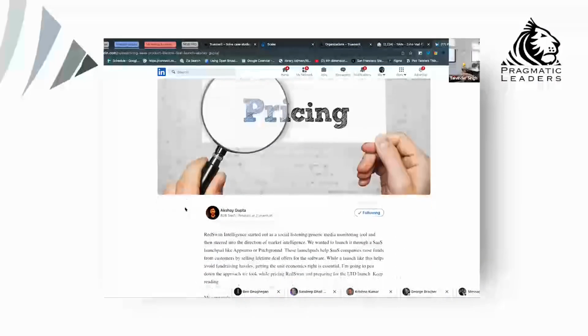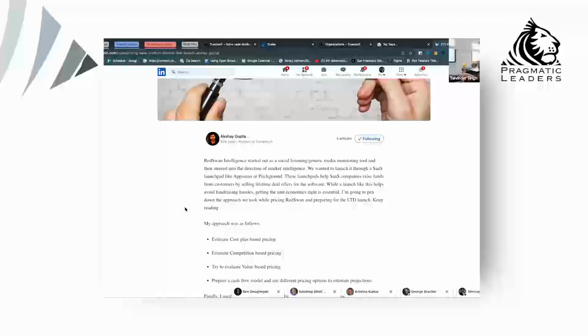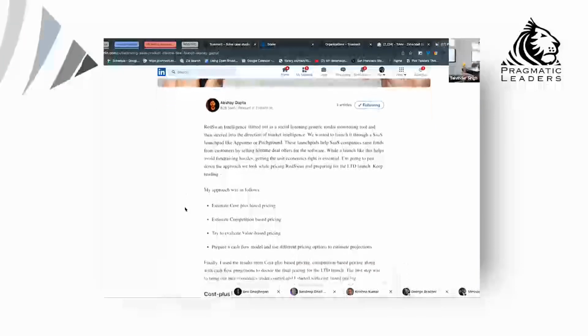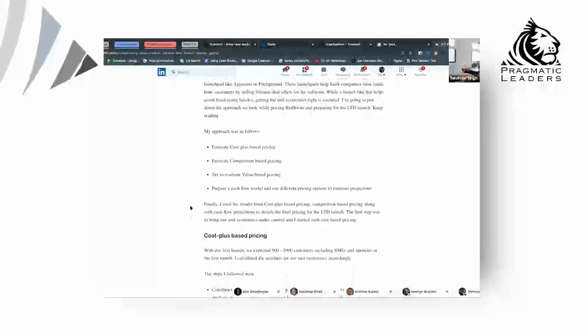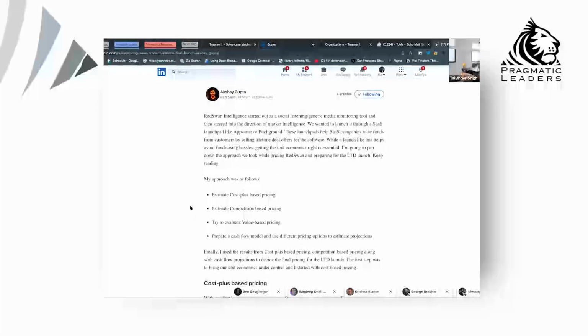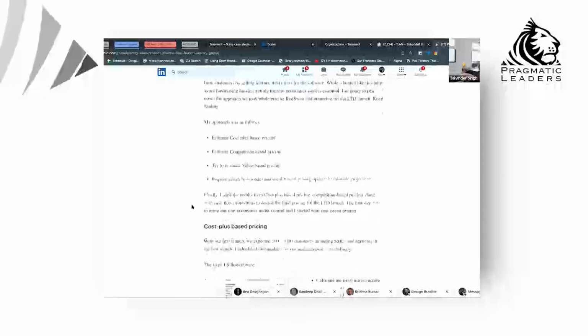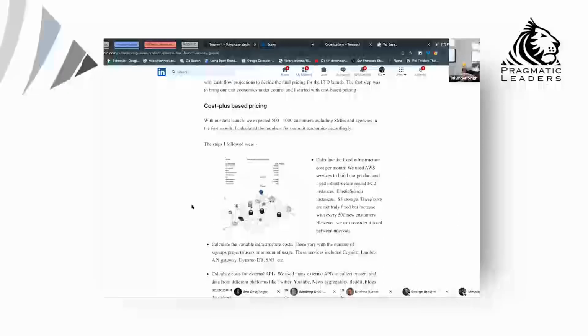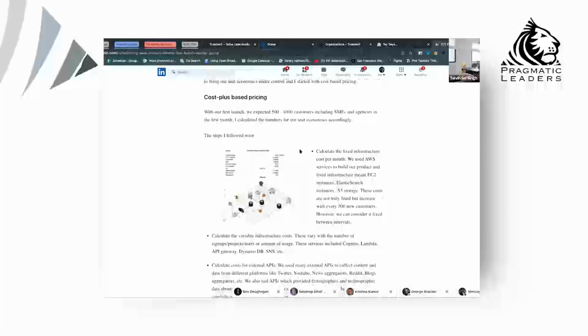I'll not go through it in detail. You can search for him and we can land up here. But he used the 15th module that we have, pricing and experience. He used some of that, and then he built out the entire logic: how cost-plus based pricing would work.